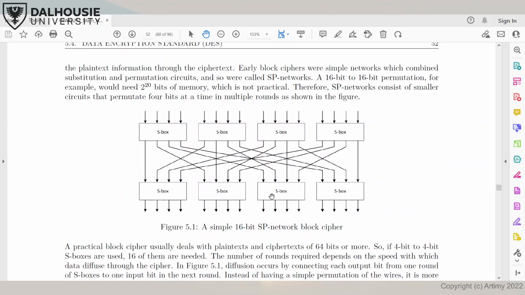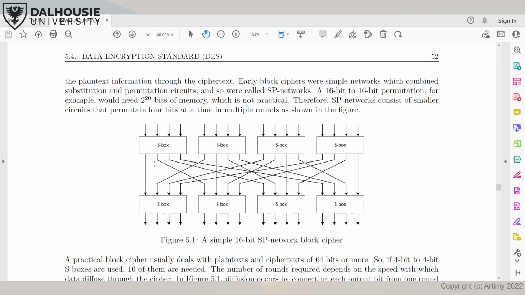Okay, so in this case you can see that we can have a 16-bit block divided into four 4-bit blocks, and we can take every input, pass it through this S box, and generate an output. To add to the confusion, each one of these outputs from the S box can go to another layer.